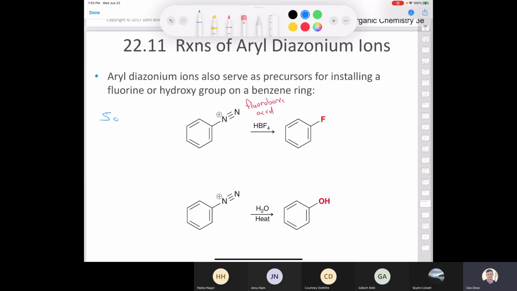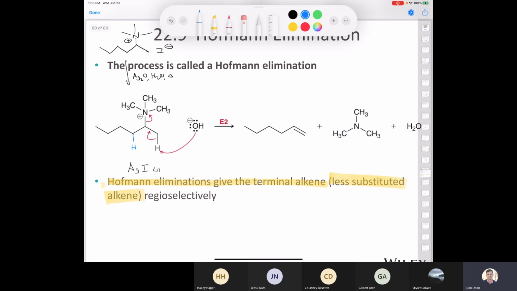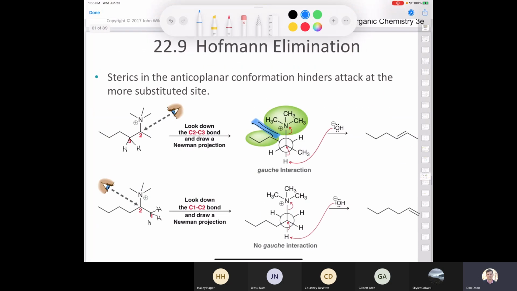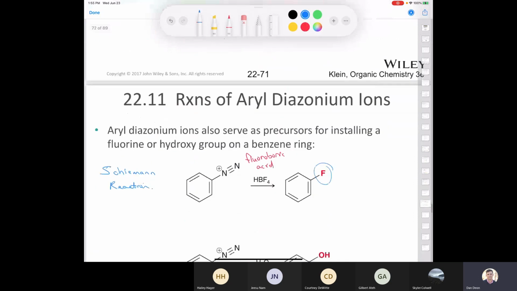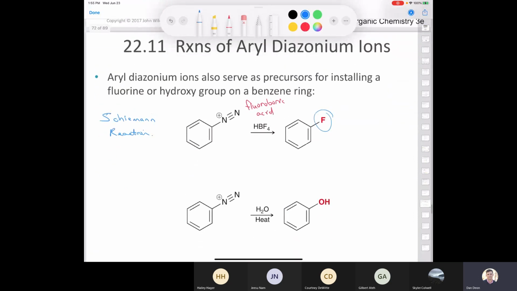I don't know if it's mentioned in the book until the end, but this is called the CHEM reaction, which is where you take the diazonium ion and you replace it with a fluorine. And if you think about that, you can't do that with Sandmeyer chemistry. So it's actually an extremely useful reaction, the CHEM reaction.